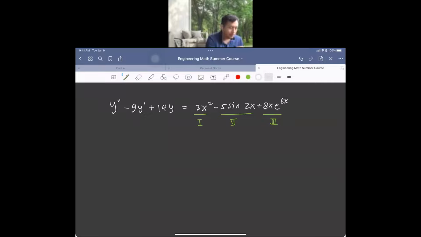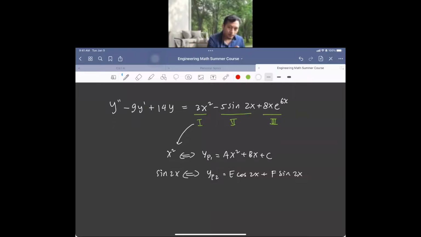Okay. So in relation to the x squared, we will have our yp1. Because this is degree 2, we will have this as our particular solution for this case. The second one, sine 2x, we will have, let's say, e cosine 2x plus f sine 2x, right?